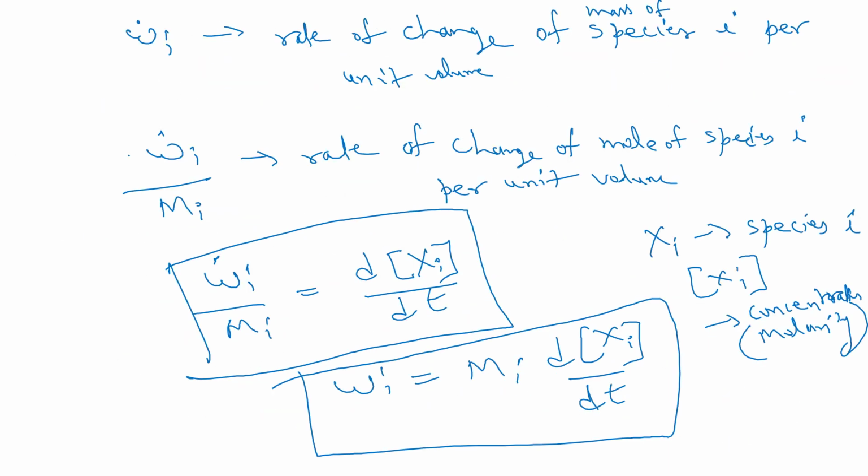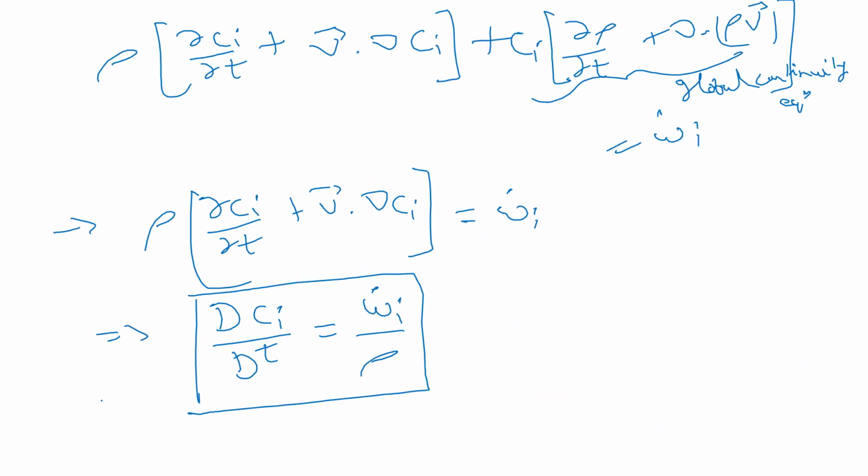Let's write molecular mass as mi bar. So mi bar is the molecular weight. Let's say the mass of the system is m and the mass of the species is mi.